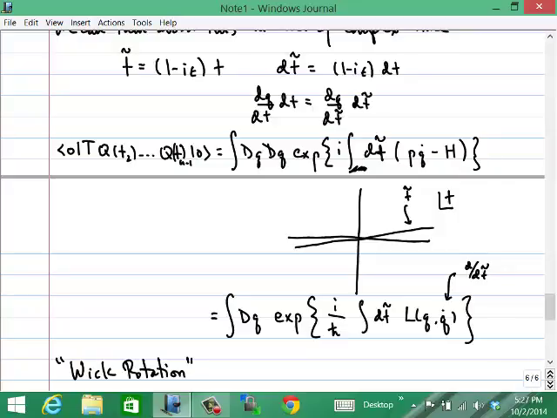From a practical point of view, often the way that we think about Wick rotation is that you just imagine computing everything in a Euclidean theory. That is to say, a theory where you just take t to i t.